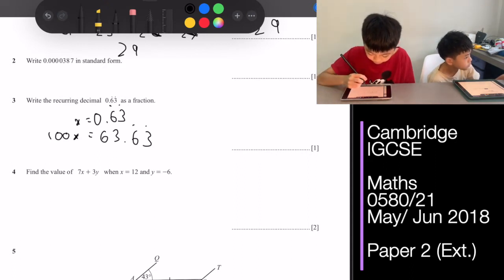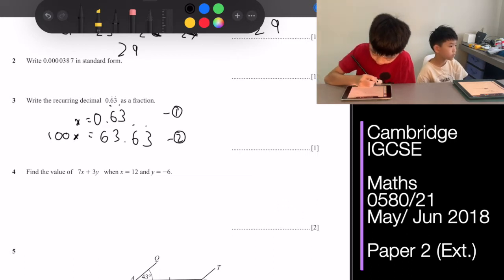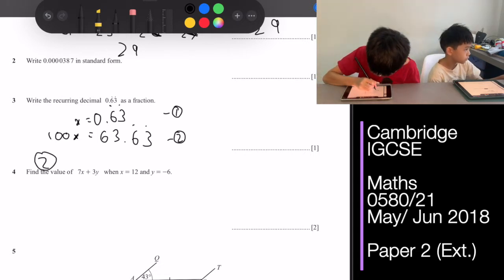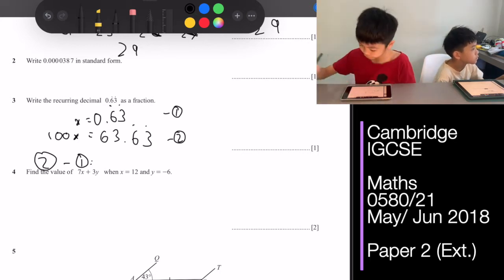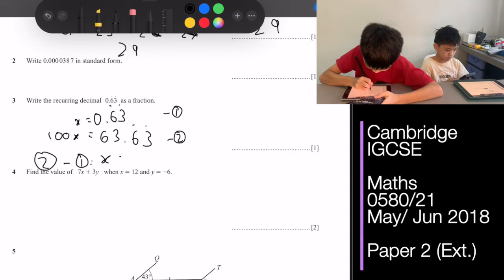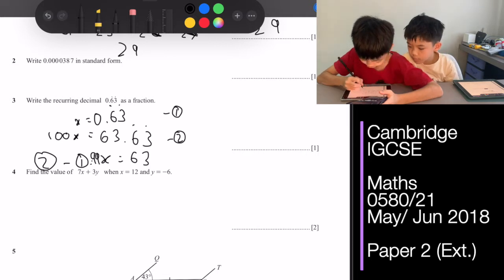Alright, so then this is equation 1 and equation 2. And then now we just need to cancel the dotted numbers. So we can take 2 minus 1, which will give us the equation of 99x equals to 63.